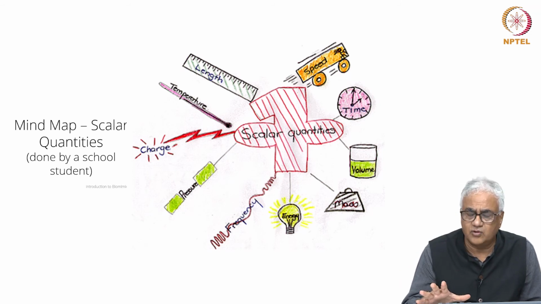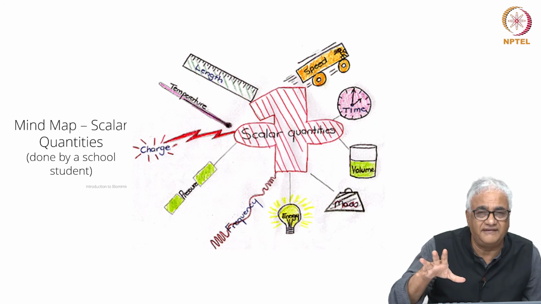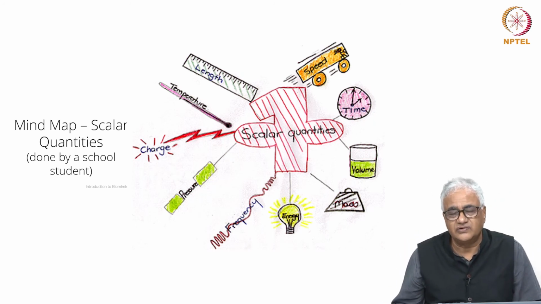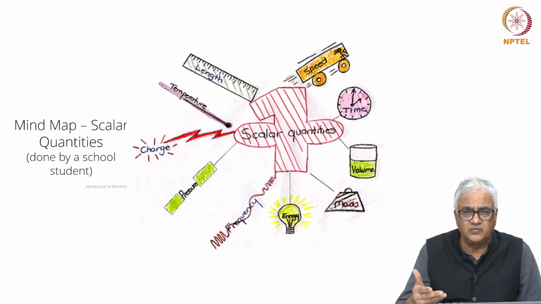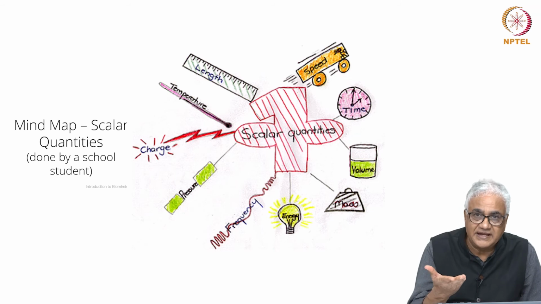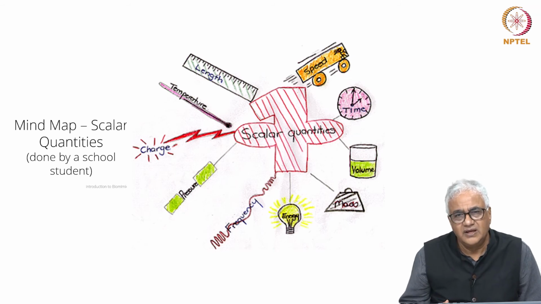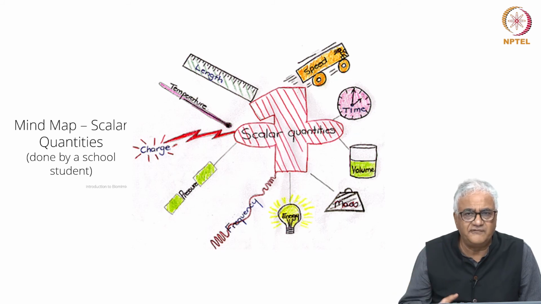Scalar quantities is depicted by speed, time, volume, everything. Look at the pictures. I think this mind map, the merit is in the pictures the kid has used. And how pictures, they say, speak 1,000 words. So depicting length in picture, depicting temperature by picture, etc. So here the drawing skills of that kid really come forth.